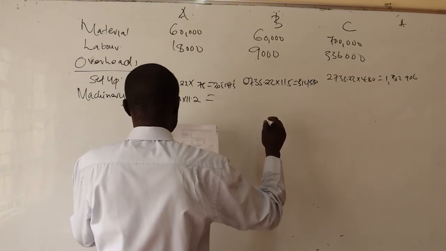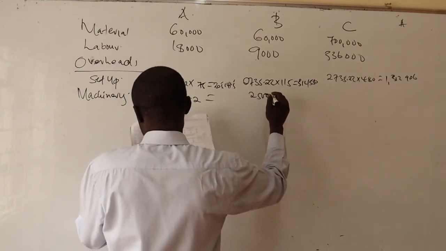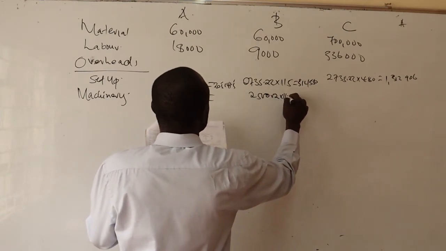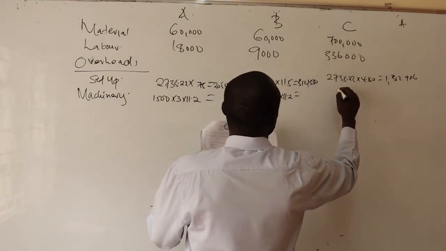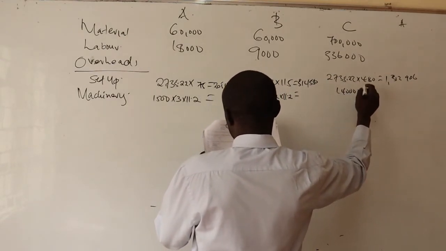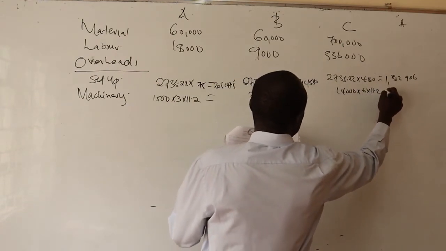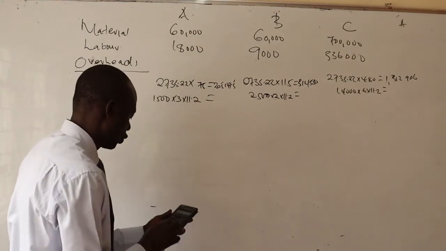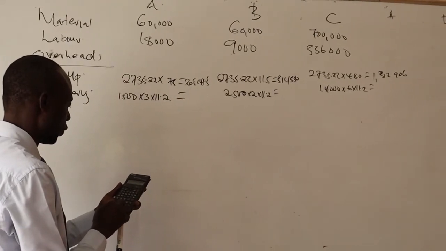So next is 2,500. You multiply by 2 times 11.2. And lastly, we have 14,000. You multiply by 6 times 11.2. So this one is 1,500 times 3 times 11.2.